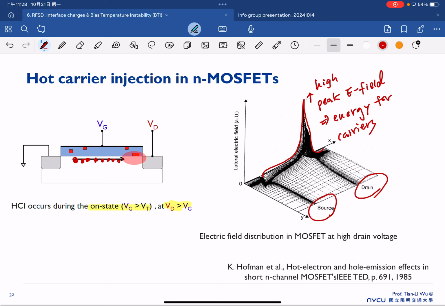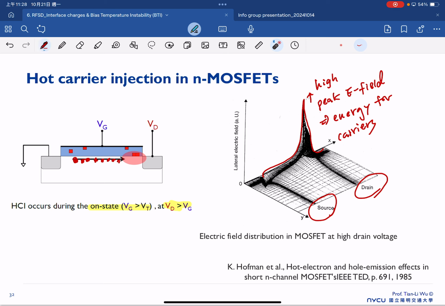So now you have the huge electrons trying to flow from source to drain. In the meantime, once they reach this region, we have the huge electric field. So this huge electric field will try to push the injected electrons upwards.